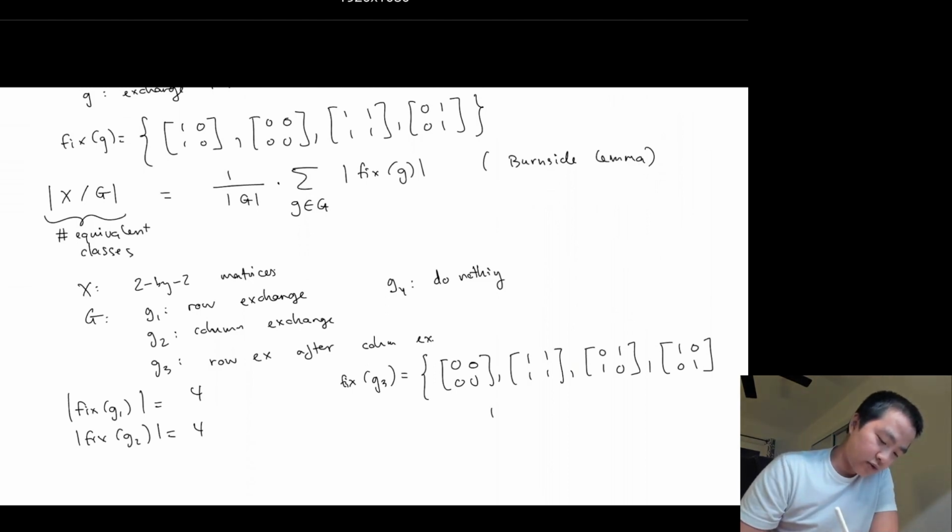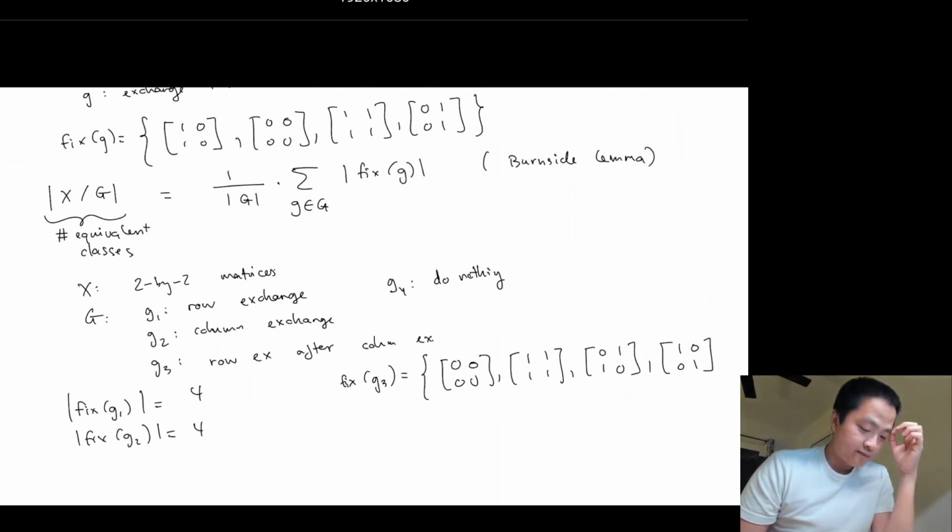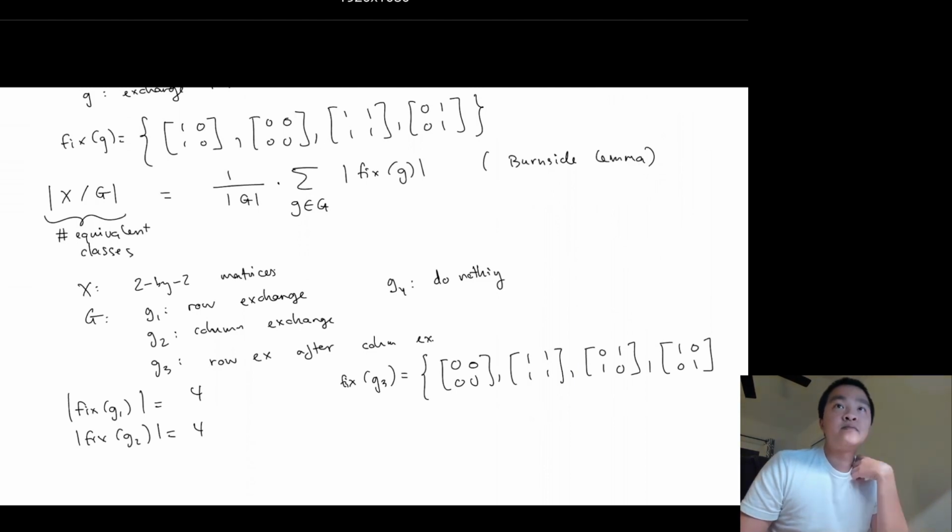If we do the column exchange, we'll get this. And if we do a row exchange, we'll get this. So that's not the same.